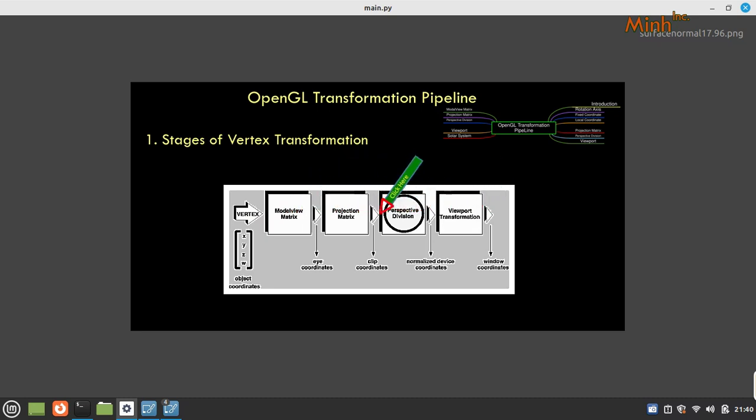We have to multiply all of these with x, y, z. So in the transformation pipeline, it follows the set of vertices, and once it is multiplied with the input, it results in the output.